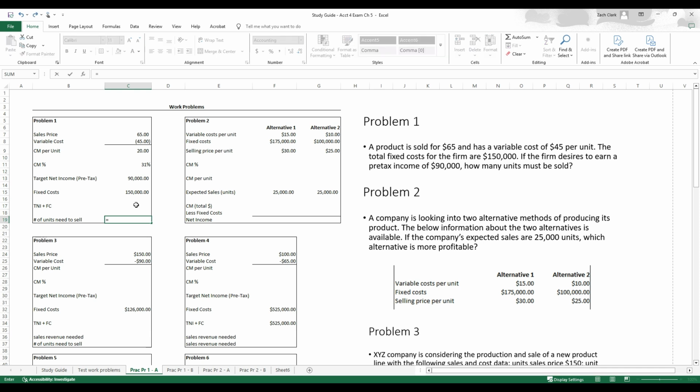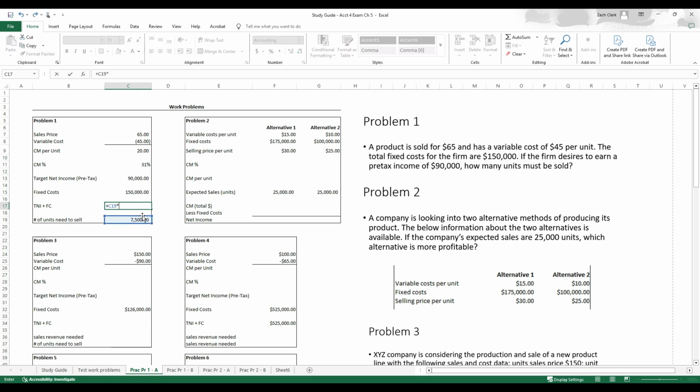So if we're looking for the number of units we need to sell to arrive at a specific net income amount, we're going to take our fixed costs of $150,000 and divide that by our contribution margin per unit. In other words, we would have to sell 7,500 units. Let's prove this to ourselves.